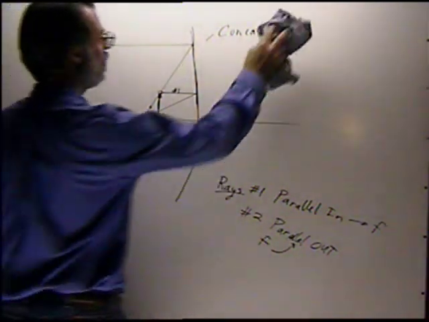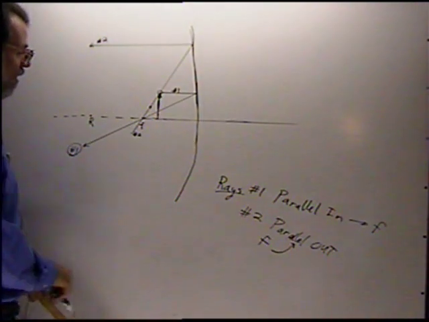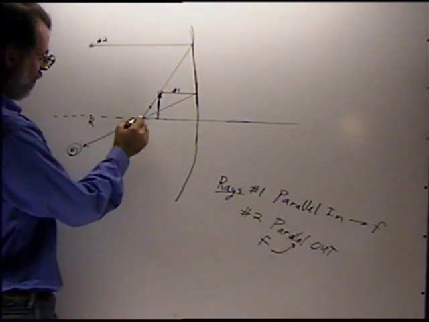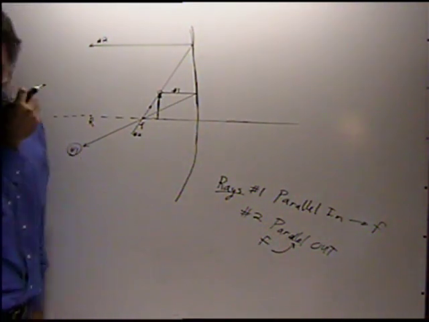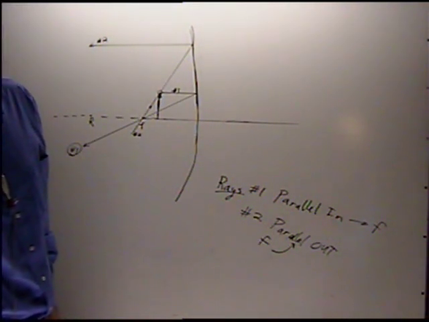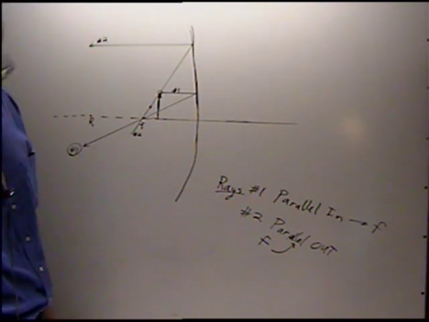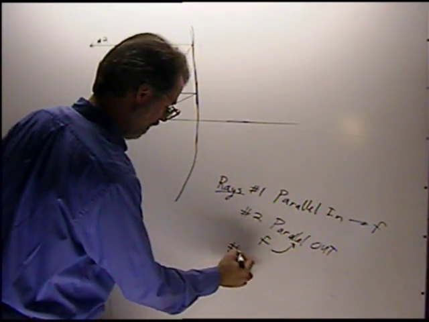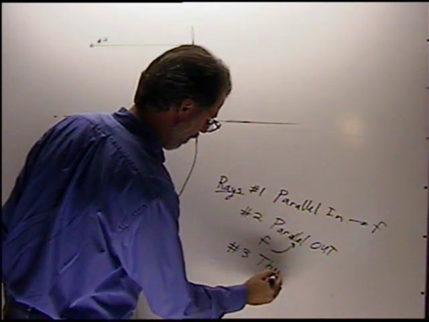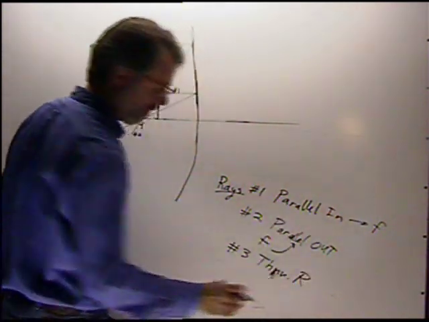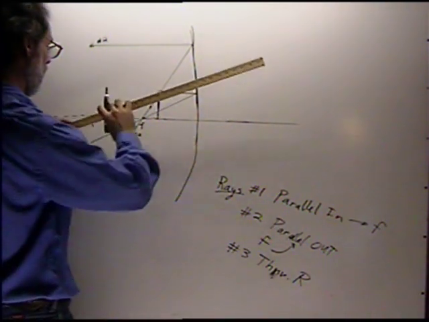So ray number 2 comes through the focal point, hits the tip, and parallel out. Okay? Does that make sense? Okay. Ray number 3 goes through the radius.